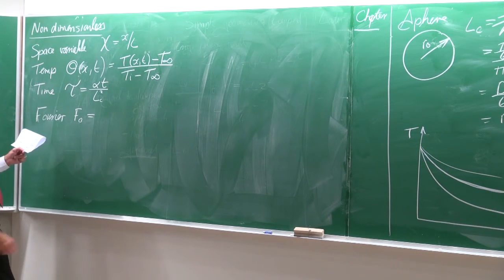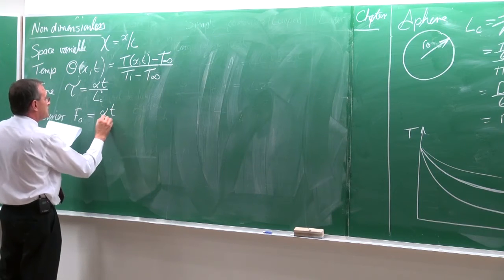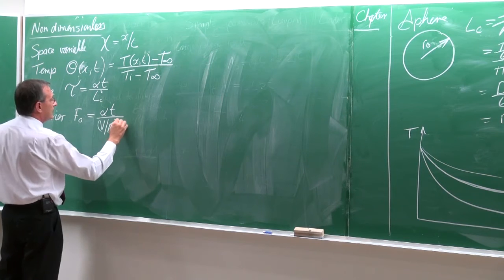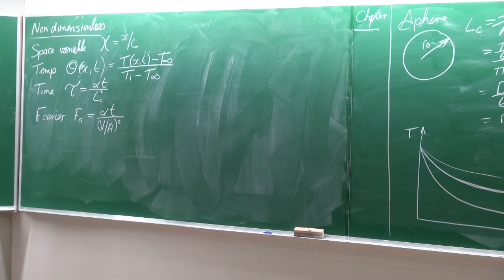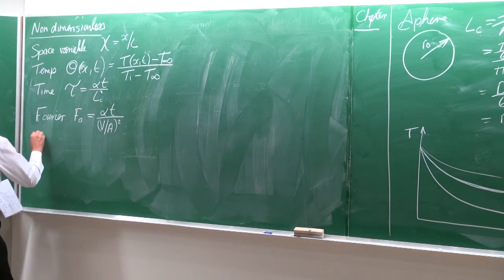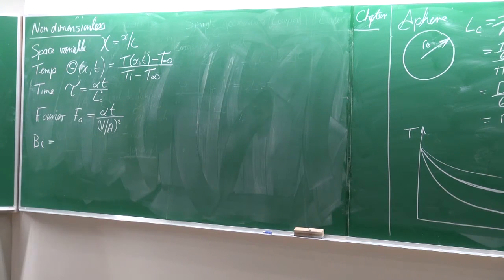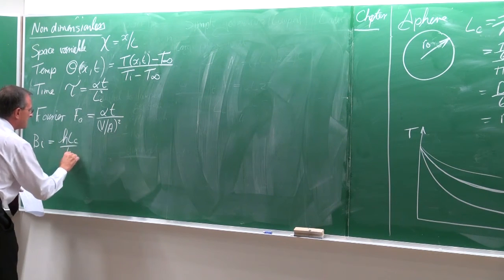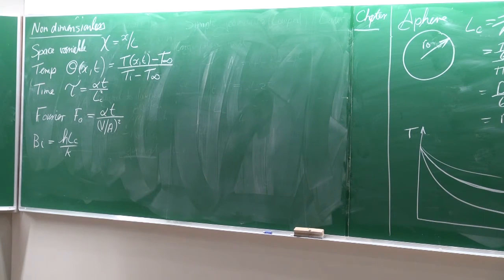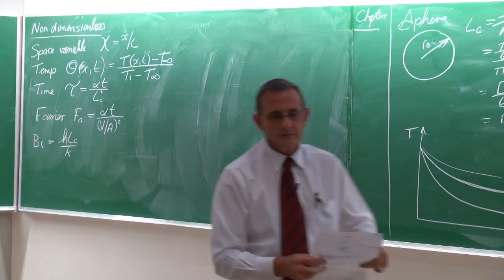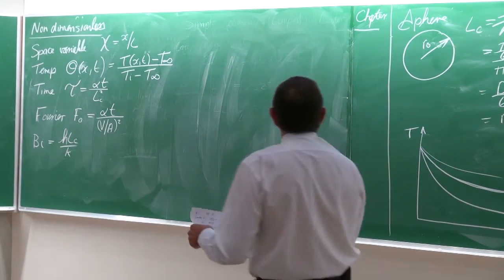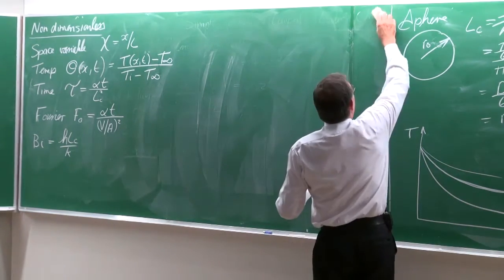The Fourier number is typically equal to alpha t divided by V divided by area, squared. There are different definitions for it. And then the last one is the Biot number, which we have already done. The Biot number is equal to h multiplied by characteristic length divided by k. Any questions?